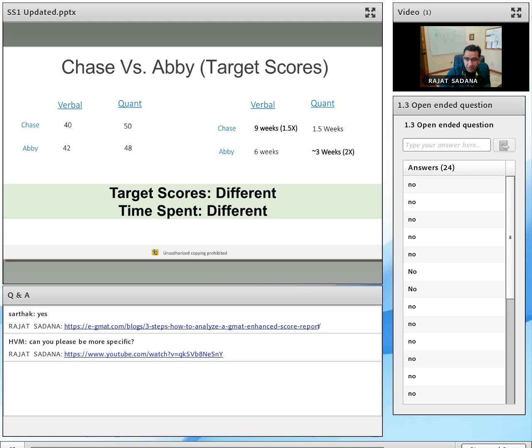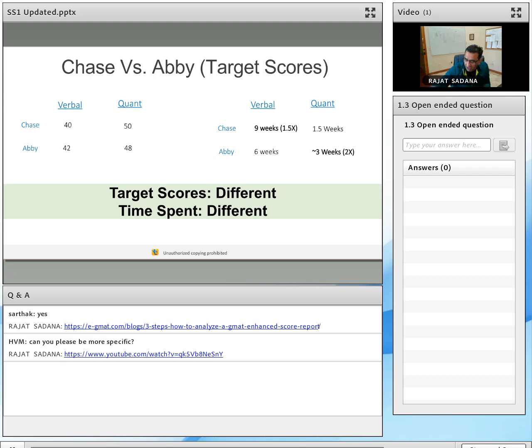Now, for those of you preparing for the GMAT, if you actually need 9 weeks to do something and you're asked to do the same thing in 6 weeks, what happens? What happens if you really need 9 weeks and how does it change how you study? You come up short.